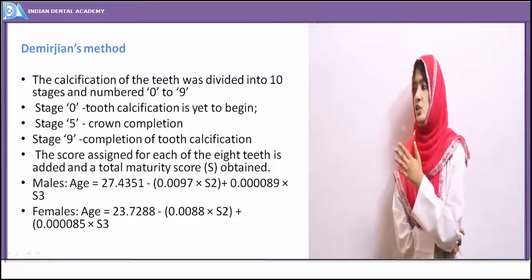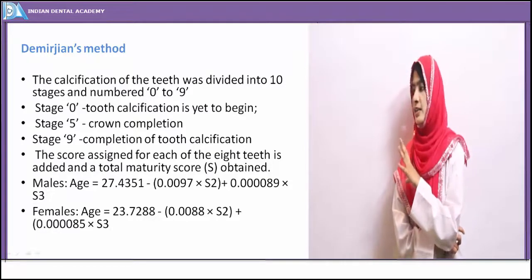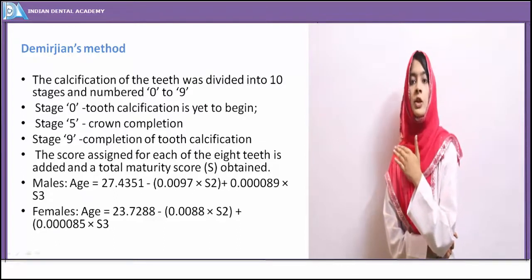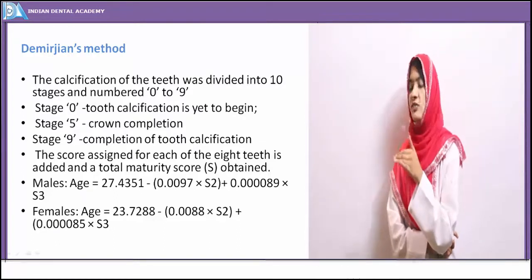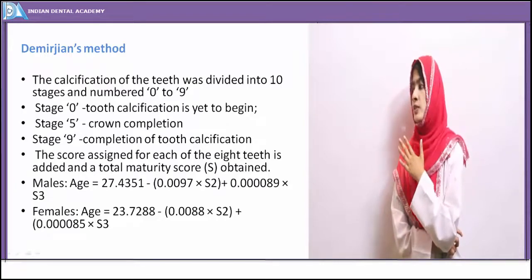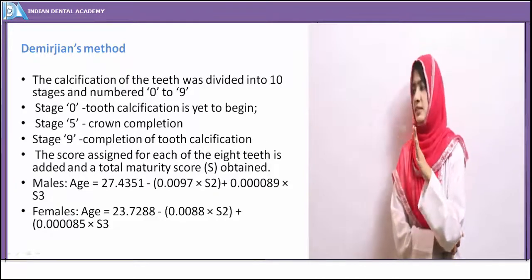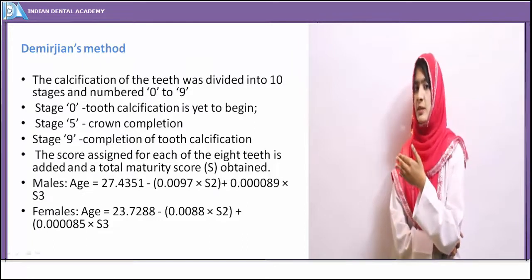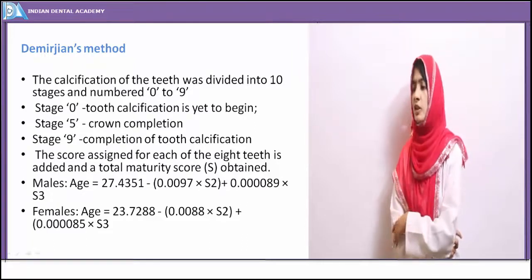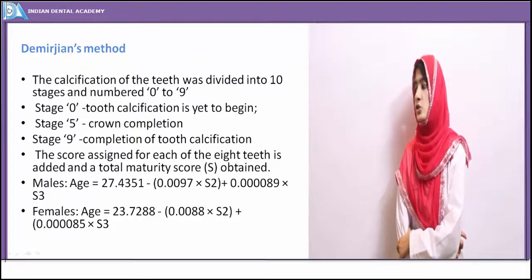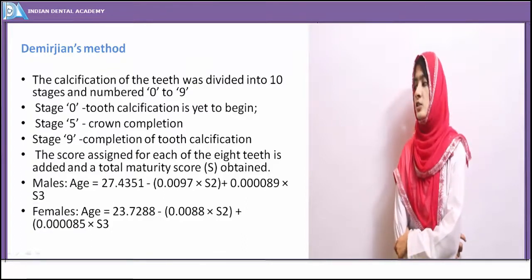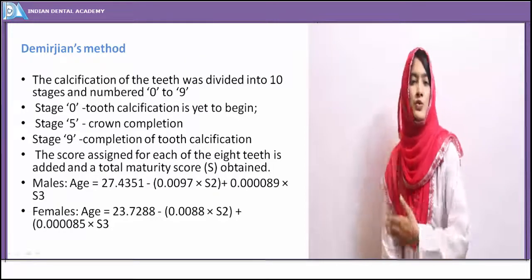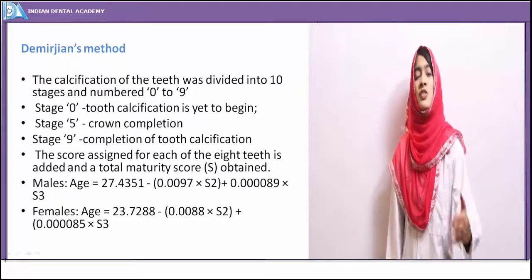For males, the age is equal to 27.431 minus 0.0097 into S squared, where S is the total maturity score, plus 0.000089 into S cubed. For females, the age is estimated by the formula 23.7288 minus 0.0088 into S squared plus 0.000085 into S cubed. That is the formula used for age estimation in Demirjian's method.